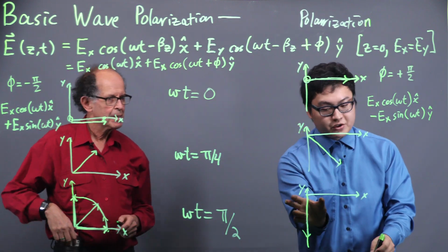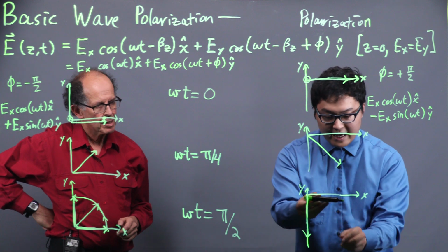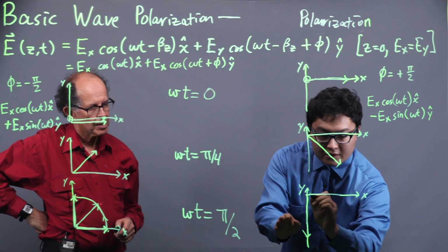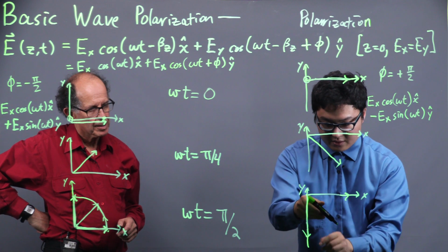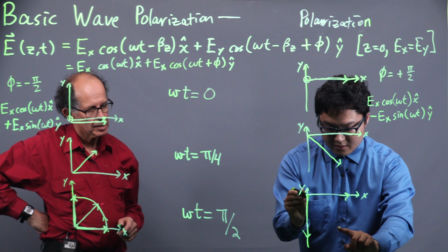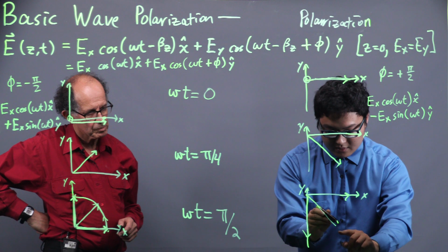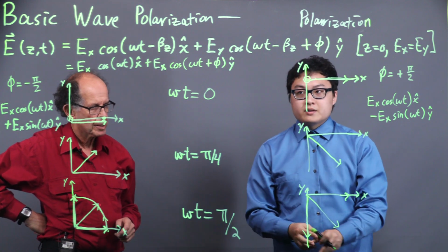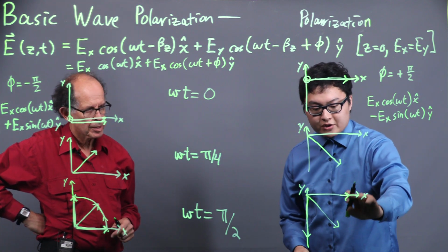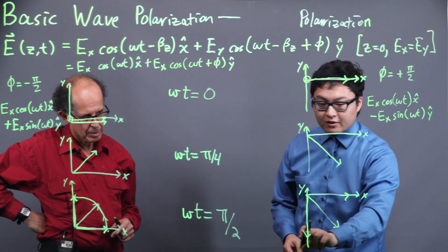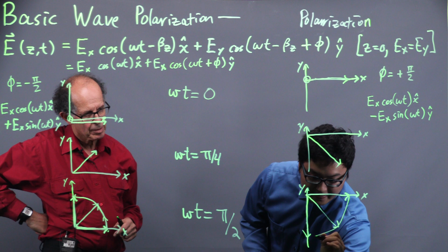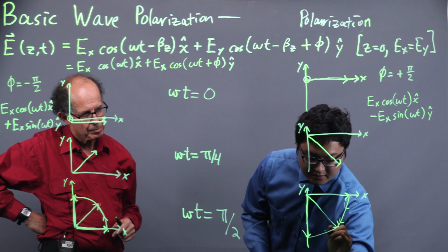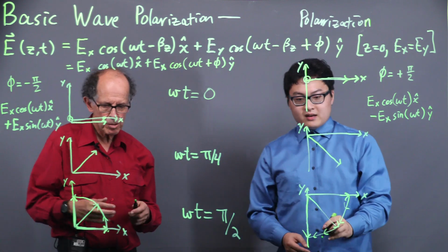On this last picture, I'll follow Matt's lead and draw all 3 time steps. So that's the initial location, 45 degrees, negative 90 degrees. And if we smooth it, oh, there's our circle.